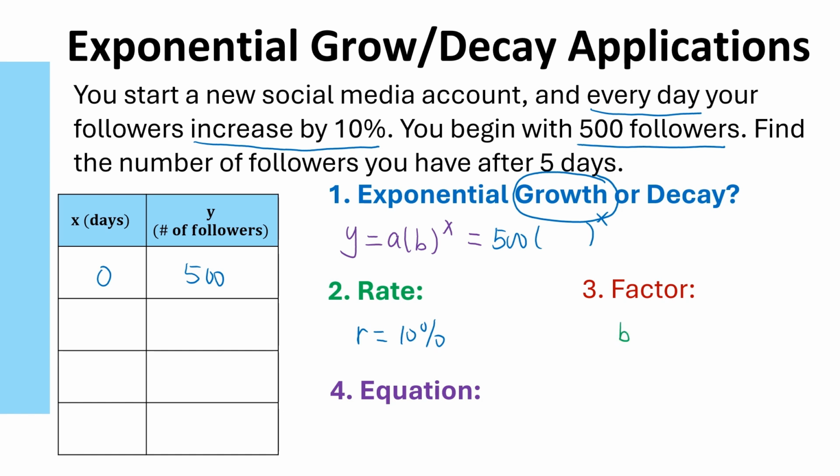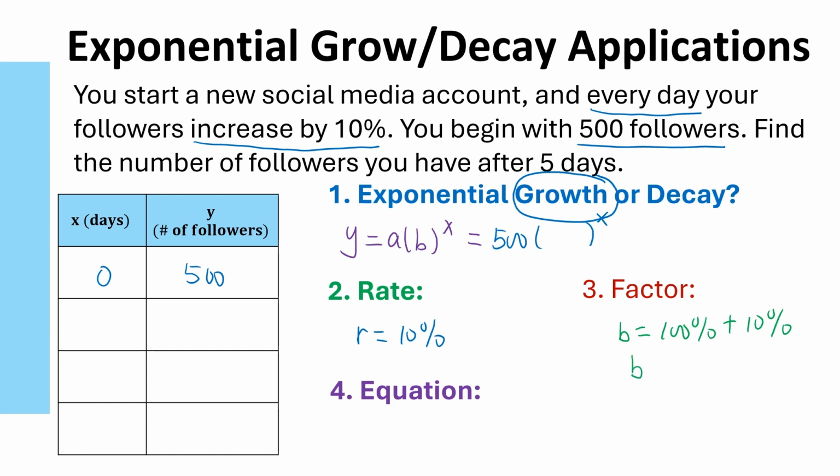To find the factor for the exponential growth, you're going to add 100% to your rate. Because when you're growing, you're getting your original amount back, so that's 500 plus 10 more percent of that. That's why for exponential growth, to find the factor, which is the b, you add 100% to your rate.